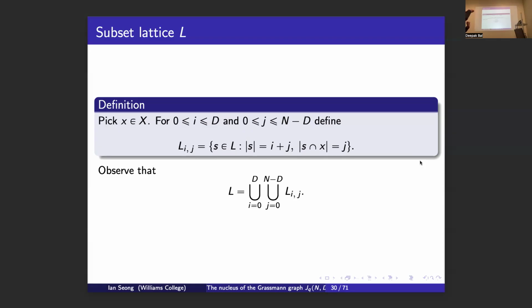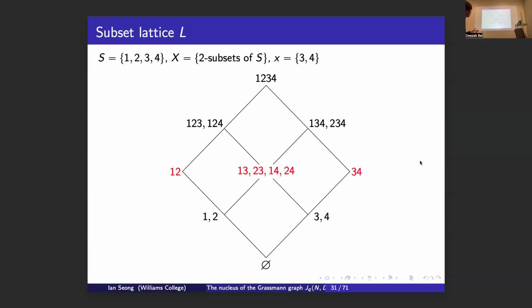Maybe I should have started with this: we pick a certain vertex X, and then we partition the subset lattice L based on the size of the intersection with X and the size of the subset itself. The bottom comment is basically saying that we partition L into a disjoint union of the L_ij's.